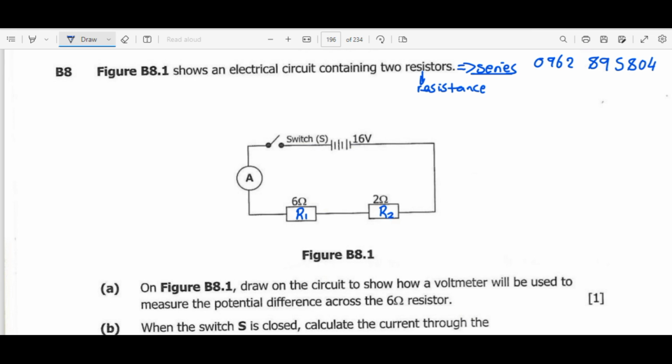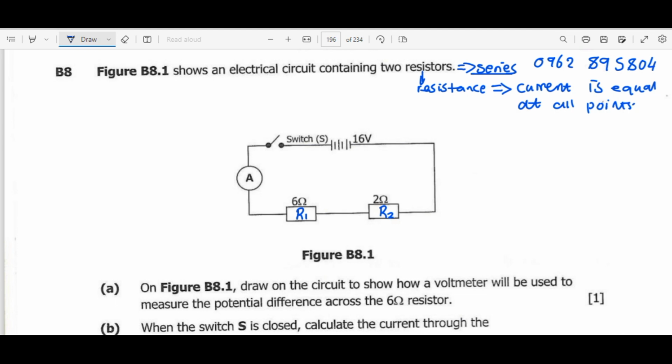So that is one point that you need to have in mind whenever you are dealing with a series connection. So we can say current is equal at all points. So that is under a series connection.